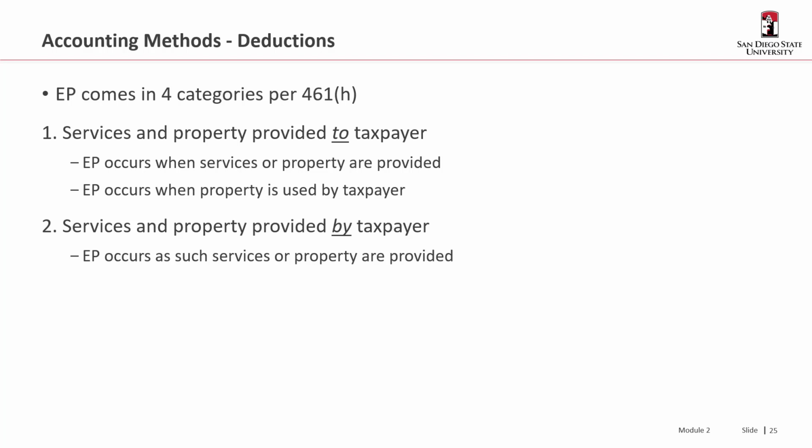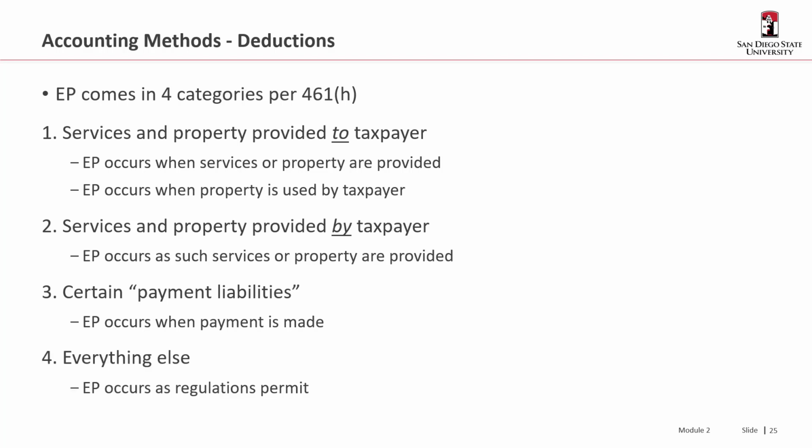When services and property are provided by a taxpayer, economic performance occurs as such services are provided. And then the last rule is what they call payment liabilities. And in these, economic performance occurs only when the payment is made.